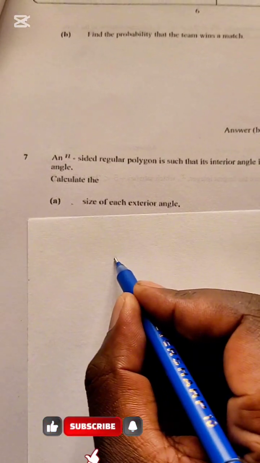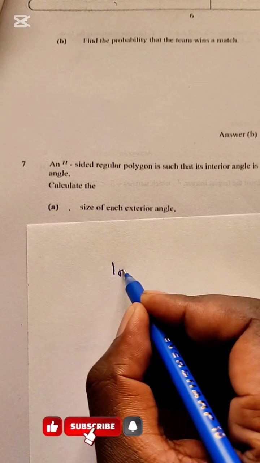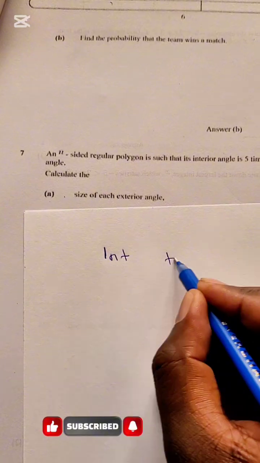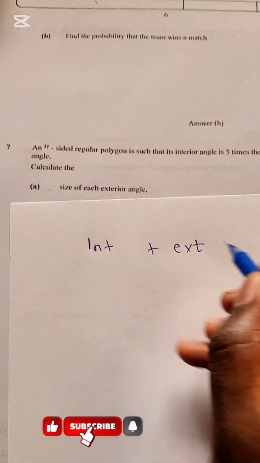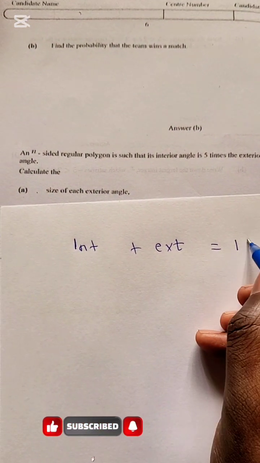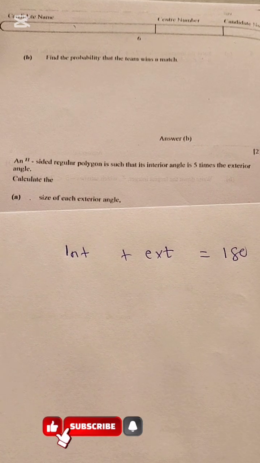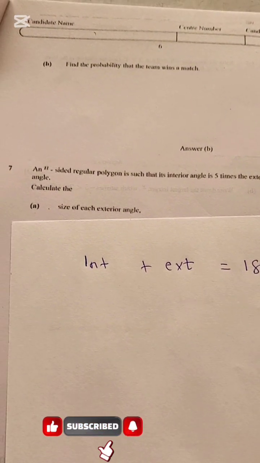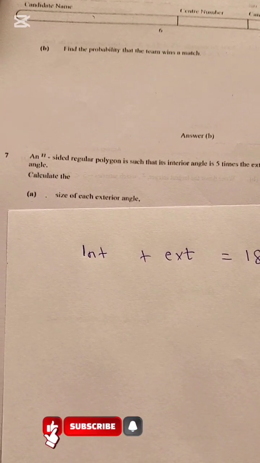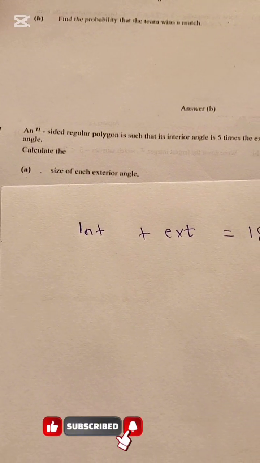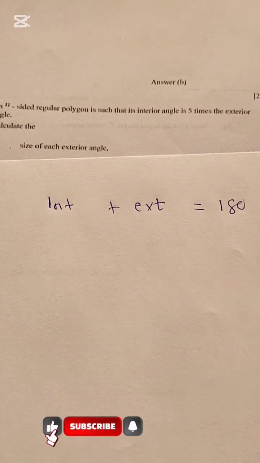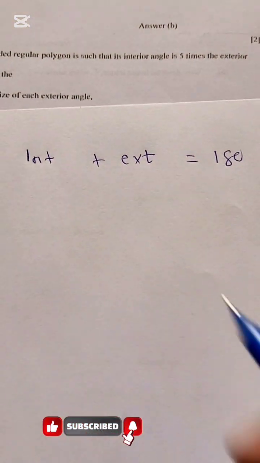Okay, so remember we have an equation: interior plus exterior is equal to 180. That's our formula. So what are we going to do?